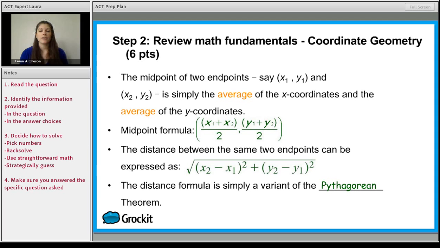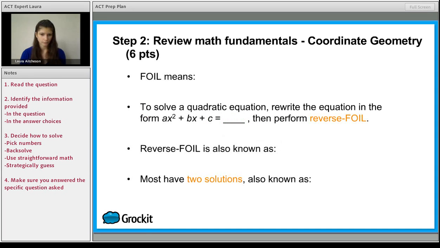When it comes to parabolas, those look different than standard equation of lines. And one of the things you can look for differentiation among the two is the idea of an exponent. So if you see x squared, then you know you're going to be working with a parabola. If you want to reverse FOIL, make sure you set it equal to 0 before you start factoring or reverse FOILing.